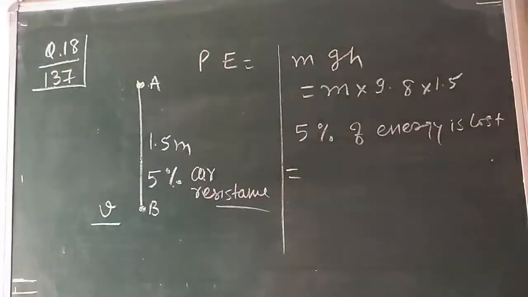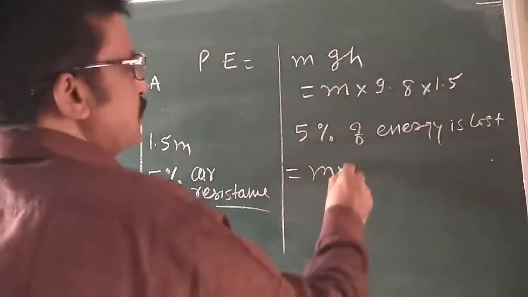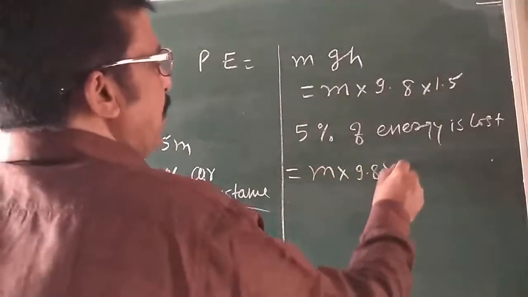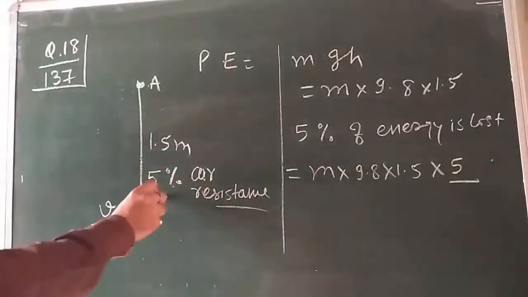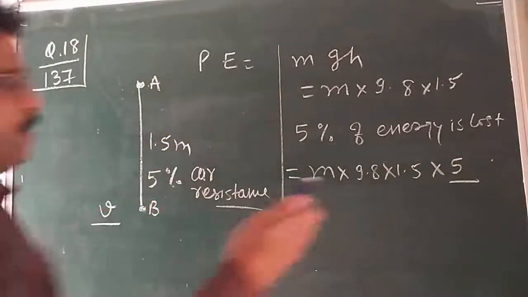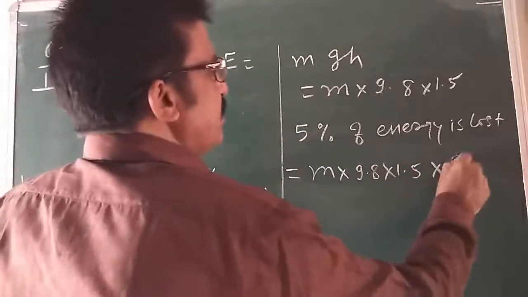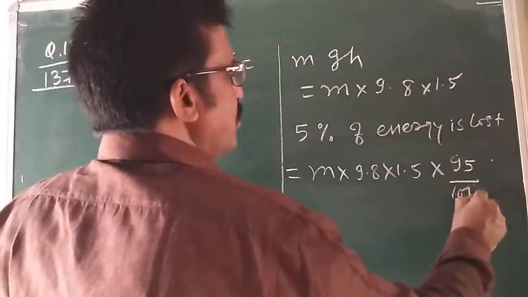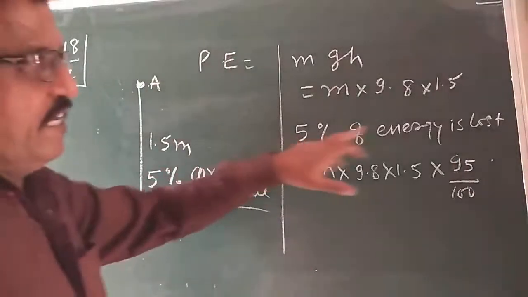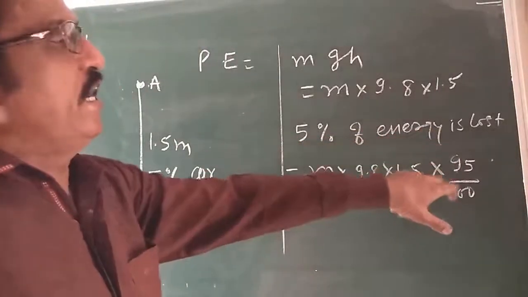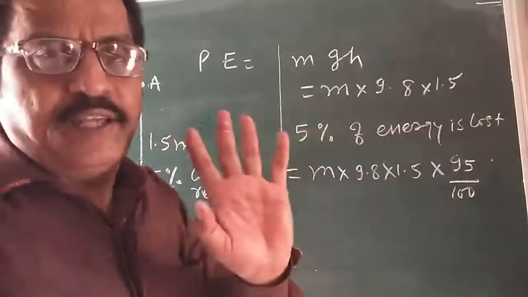so I can write here mgh into 5%, that is, 100 में से 5 गया 95 तो बच गया ना, तो यस 95 by 100 कर दो. Here this 5% energy is lost, so 95% remains.